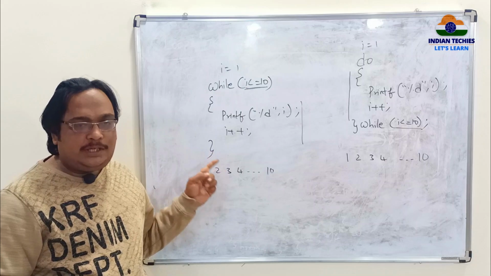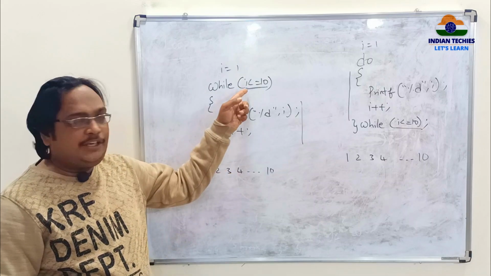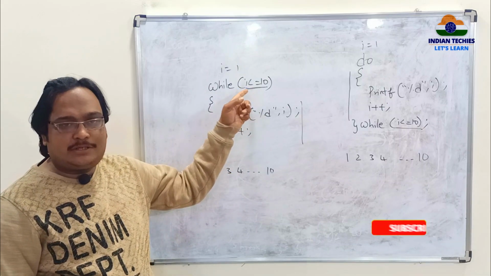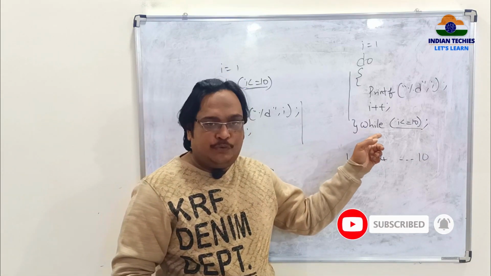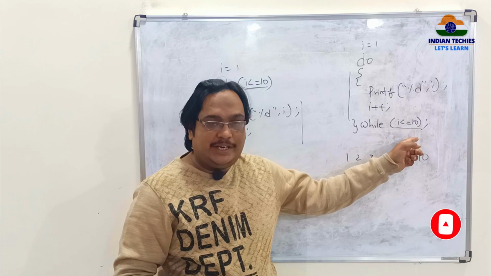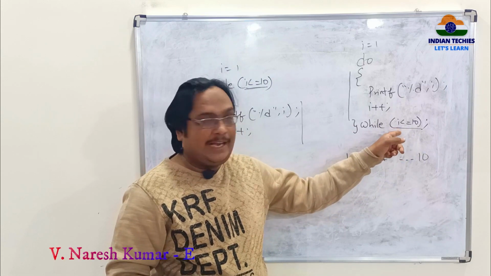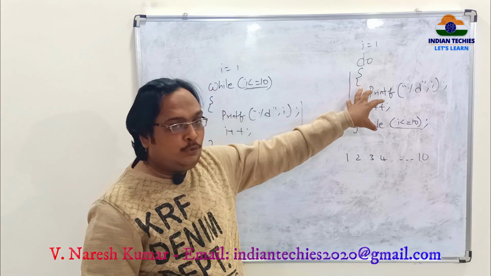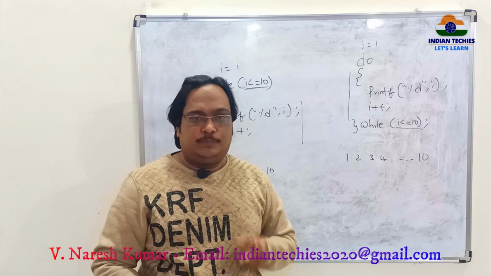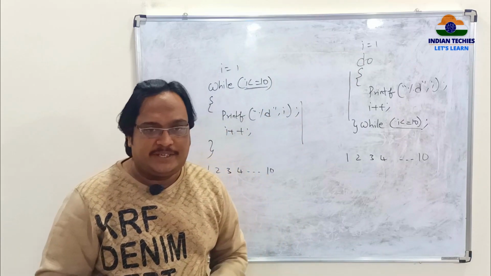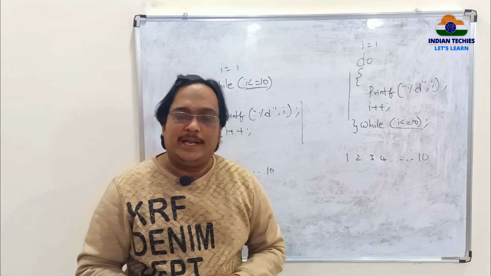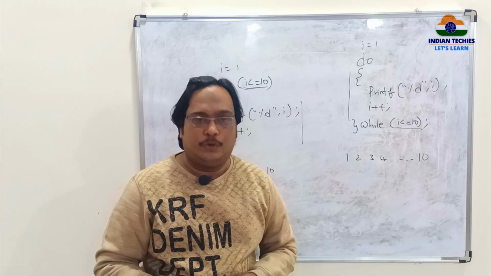Difference number 3: the variable that you use in the while condition has to be initialized before the while loop. But in do while, the variable used in the condition can be initialized inside the do loop or before the do loop. Both can be done. So these are the basic differences between while and do while loop.